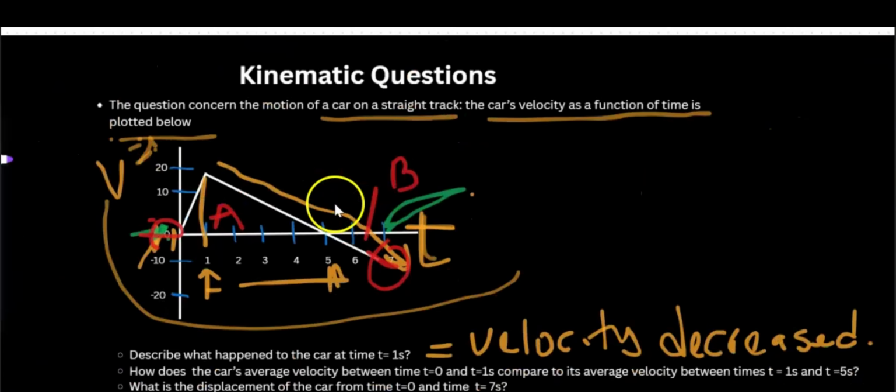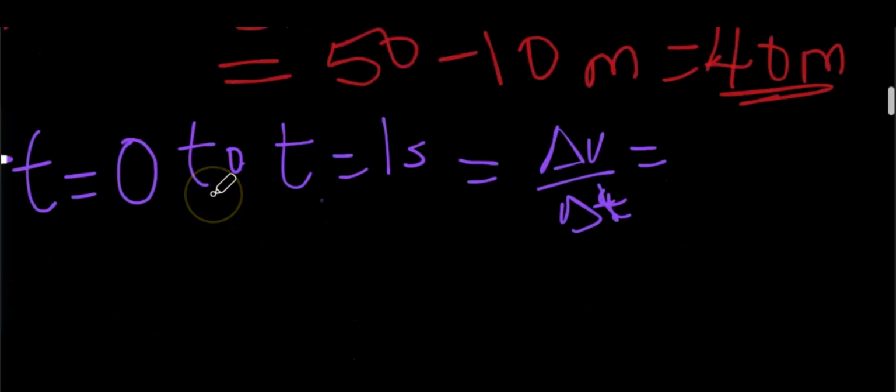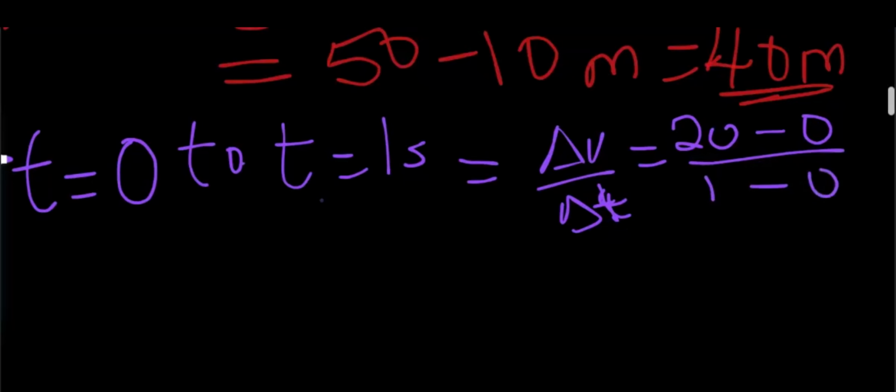Here the change in velocity goes from 0 to 20 meters per second, that is 20 minus 0, and the change in time is 1 minus 0. So this first slope gives us 20 meters per second squared.